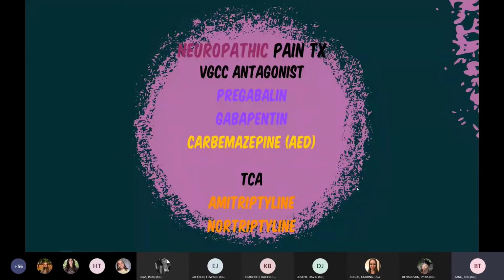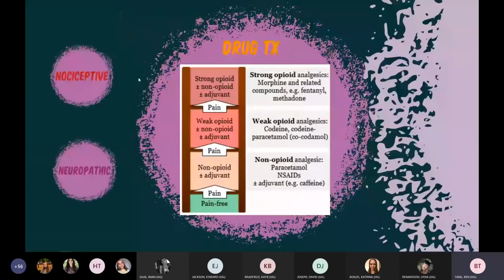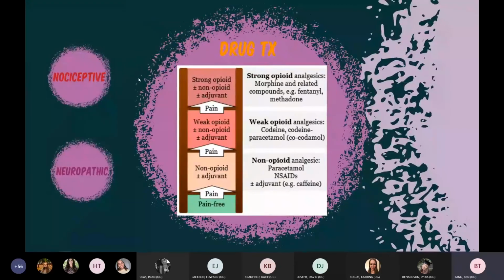I think the extent to which you have to know them is basically to know that these drugs are available for treatment of neuropathic pain. Just maybe understand the mechanism of action, but beyond that, I don't think you really have to understand too much, because for me, when I was in year one, drugs were really just alien language.